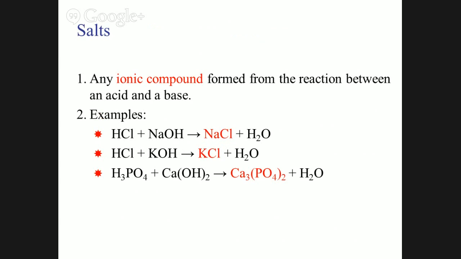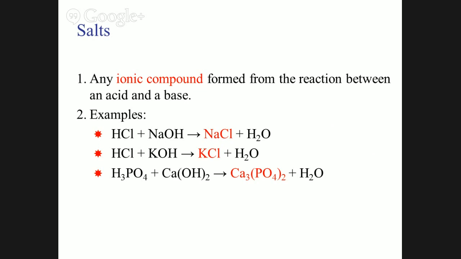Okay, salts. Any ionic compound that is formed from the reaction between an acid and a base. In both the acid and base cases earlier, we talked about one neutralizes the other. Well, when you add an acid to a base, you basically get two things.